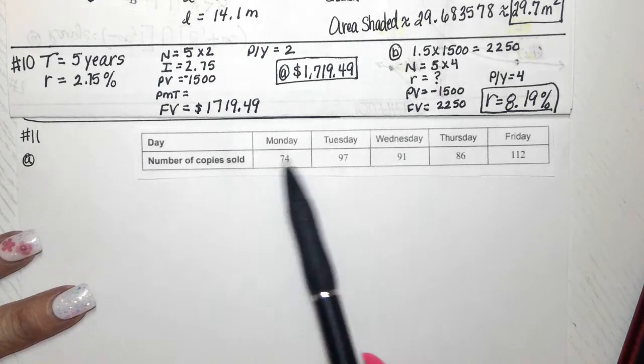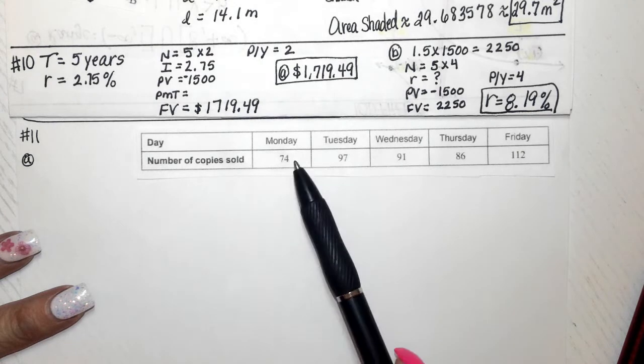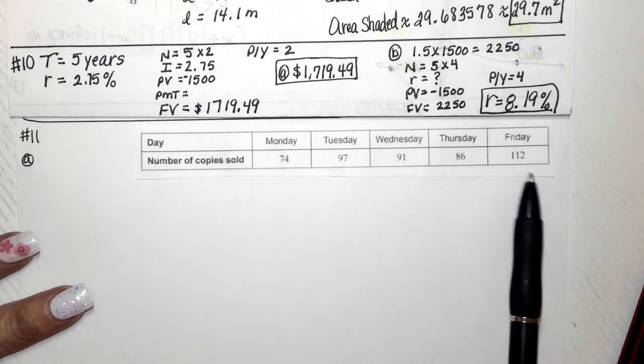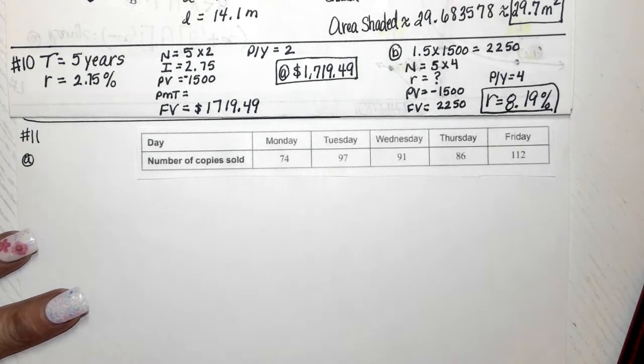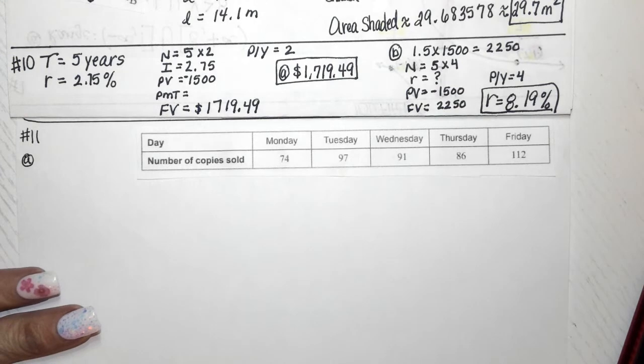Okay, she was expecting to do the same number of newspapers each day. So these should be the same number, but they're obviously not. The question is, what was the number she was expecting to do? So I have to go back and read in my problem to find out what was the number she was expecting to do. Okay, it's not jumping out at me, so I'm going to have to read.